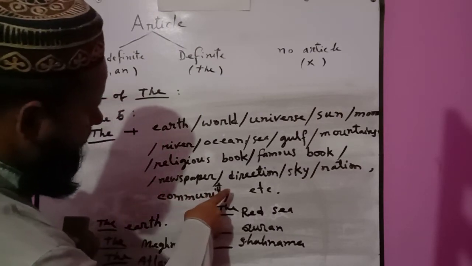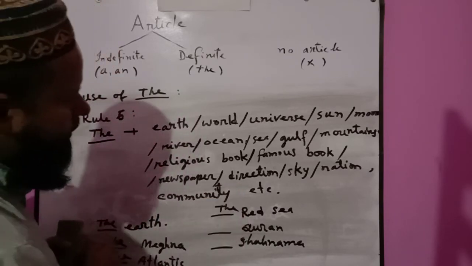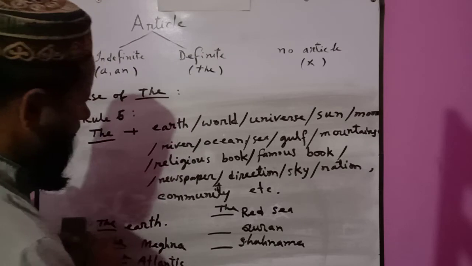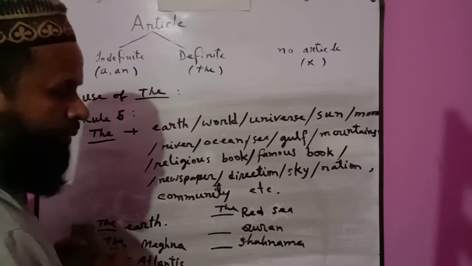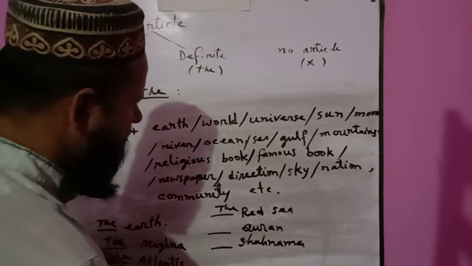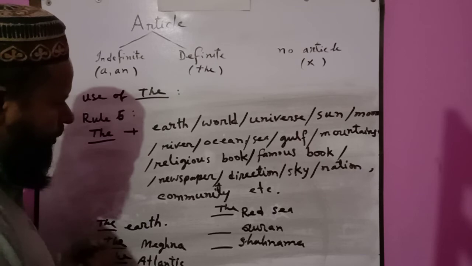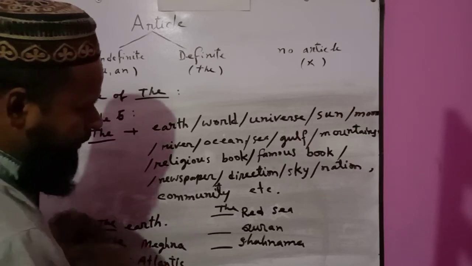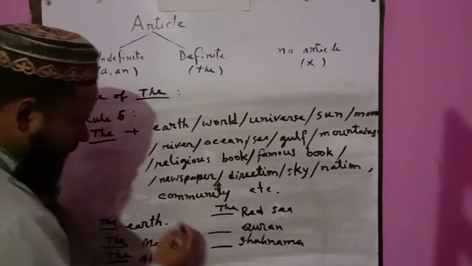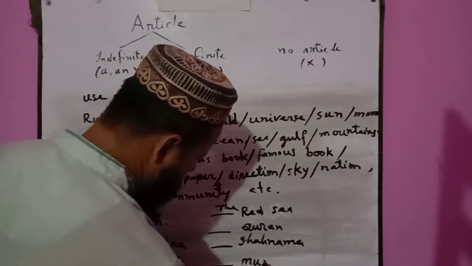Then religious book, newspapers, famous book, newspapers, the name of newspaper, the Ittifaq, name of direction, the east. Then community, national or community. Community dash Muslims.